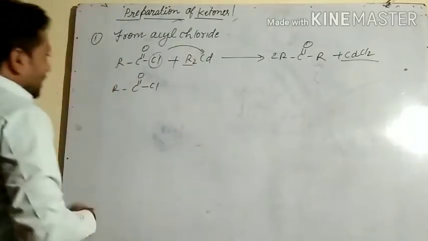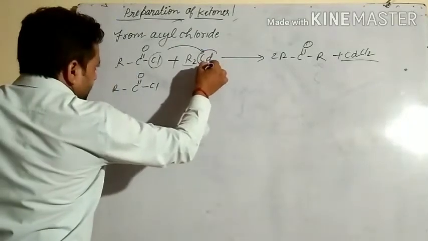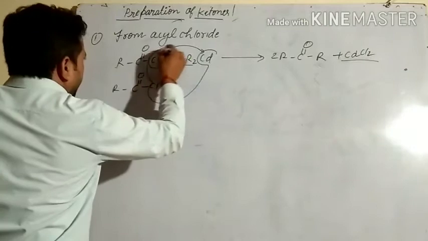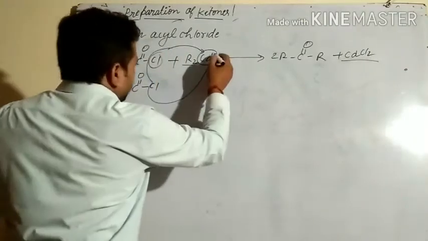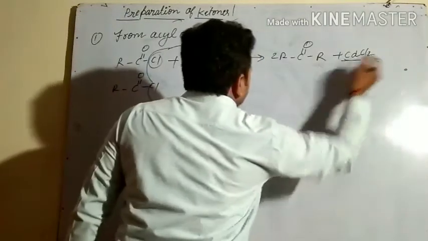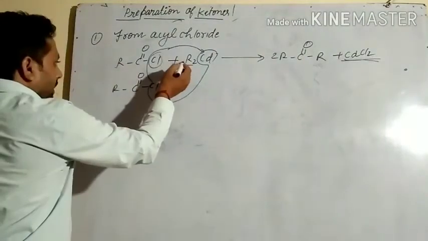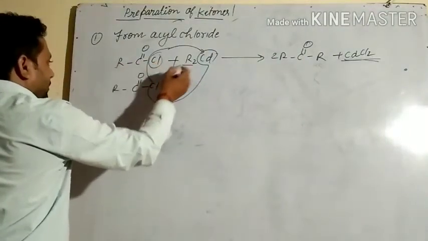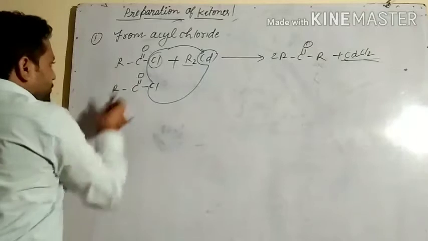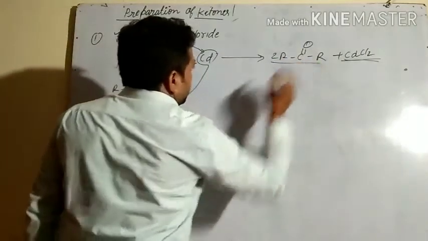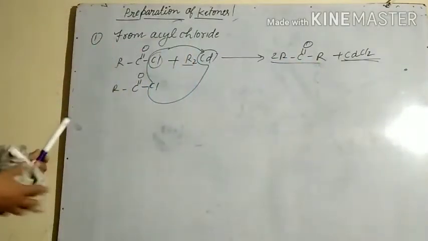Here Cd reacts with this Cl and that Cl. So that will form CdCl2. And one alkyl from here goes to there and one to here. So it will form 2 RCOR. So like this we can write the reaction.